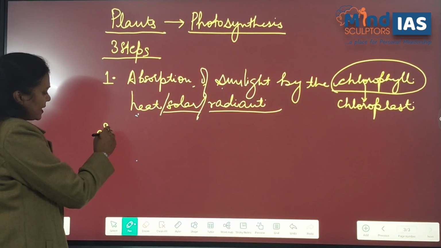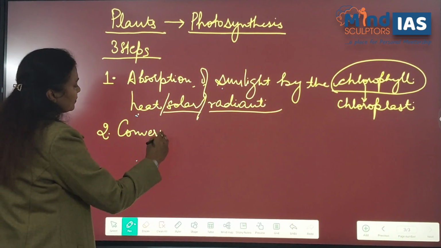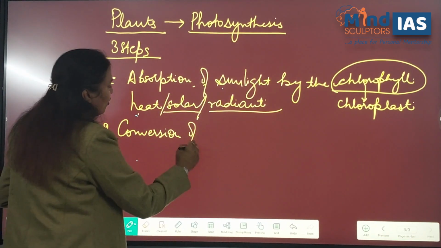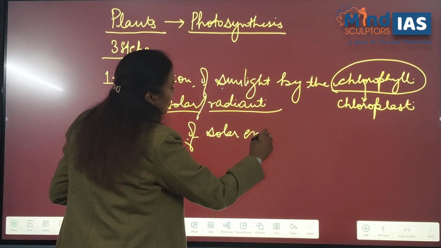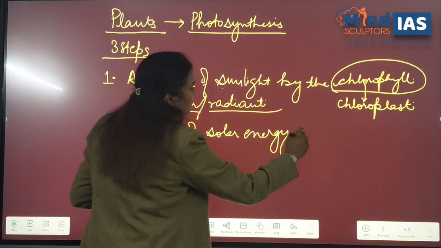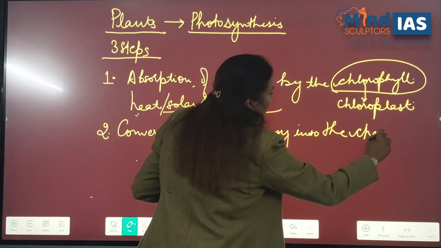Now, the second step is conversion of solar energy into chemical energy.